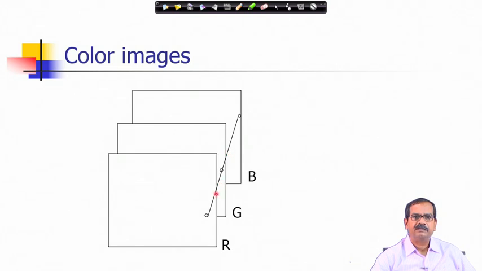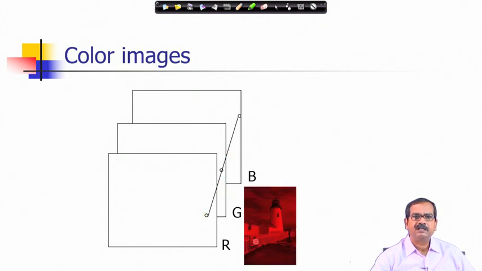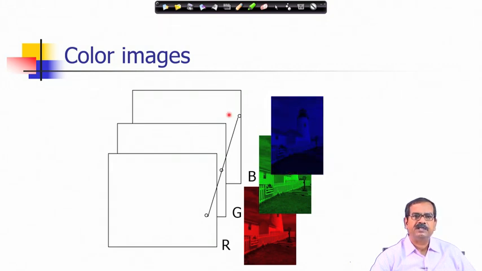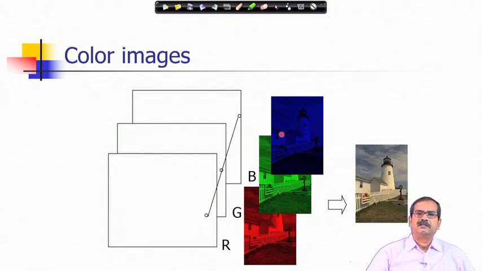So, you will have a red component of the image, if I display only the red color on the screen, a green component which is displayed here by the green color, and the blue component which is displayed by blue color. Now, once we superimpose all these colors on a screen, you get the color representation of the image itself.